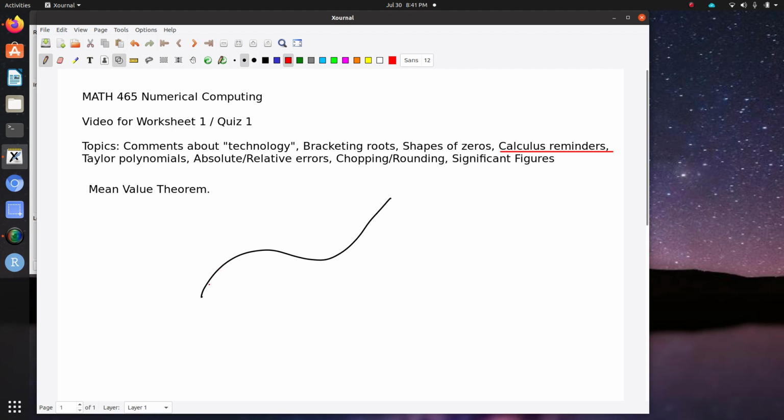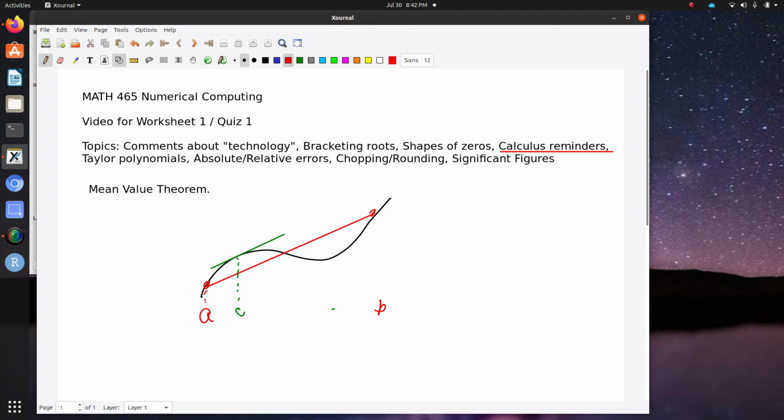Let's say we have a point a and a point b. We want to connect them. Then there's at least going to be one point, in this case there's two, but there's at least one point c where the slope of the tangent line, think of the derivative, at c has to match the slope of the secant line between a and b.